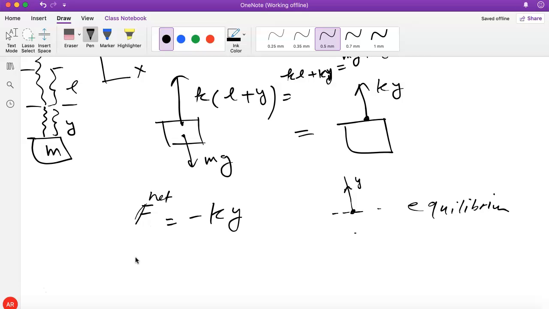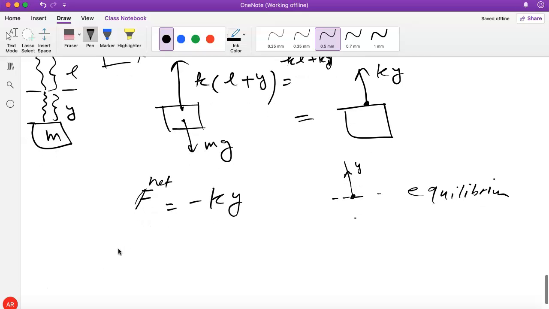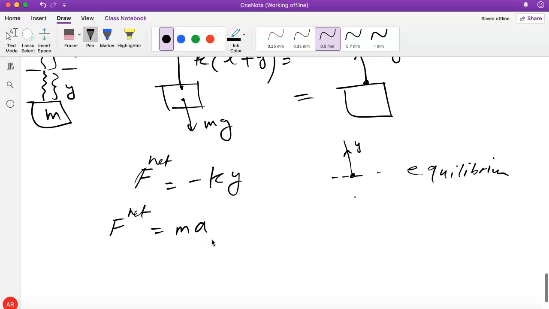So now we're going to get the same equations, right? Because again, F net is equal to ma, and a, the acceleration here, is the second derivative of y with respect to time. So again, our equations are the same as before.